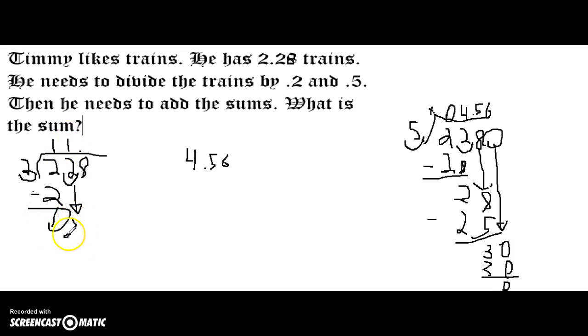And then 2 minus 2 is 0. Then you gotta bring down this 8 all the way down here. That's an 8. 2 goes into 8 4 times. 2 times 4 is 8. Is 0. Now you have to add the two problems.